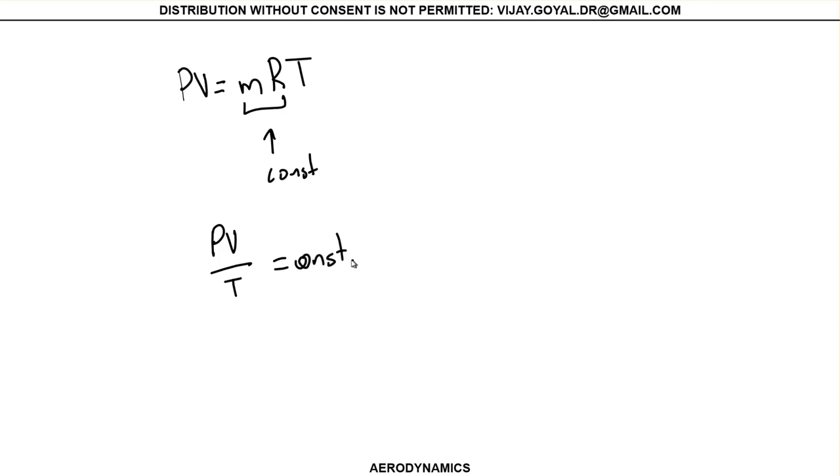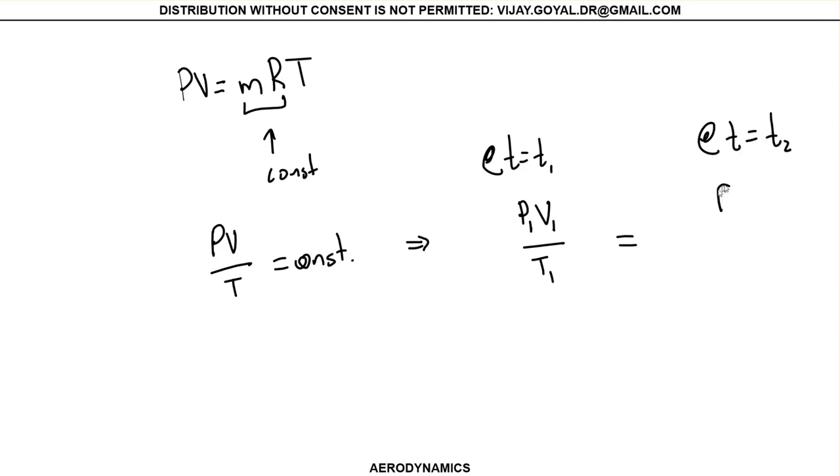If I have the gas at time 1, the pressure 1 times volume 1 divided by T1 has to equal what happens to my gas at time 2: pressure 2 times volume 2 divided by T2. So if I'm looking for any of the quantities and I have enough information on the other side, I can solve for any quantity I'm looking for.